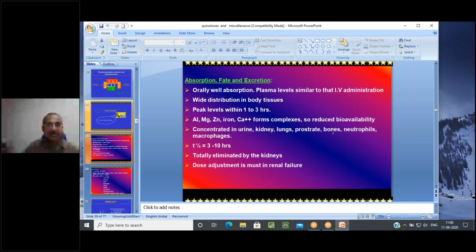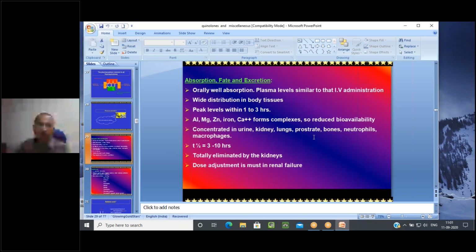Regarding interactions during absorption, various heavy metals, antacids and other metals may interfere with absorption, like calcium, which reduces their bioavailability.